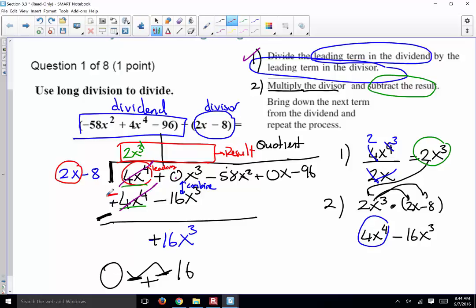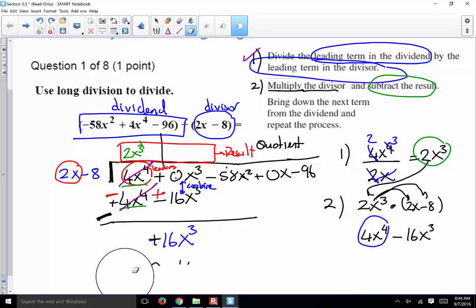Flip each and every sign here. This is plus, flips to minus. This is minus, flips to plus. And then all you need to do is addition. Instead of subtraction, by flipping the signs, I already turned the subtraction into addition. Now it's addition. 0 and plus 16 makes plus 16x cubed. Okay? I don't flip any signs on the first row though. The others just transfer down.